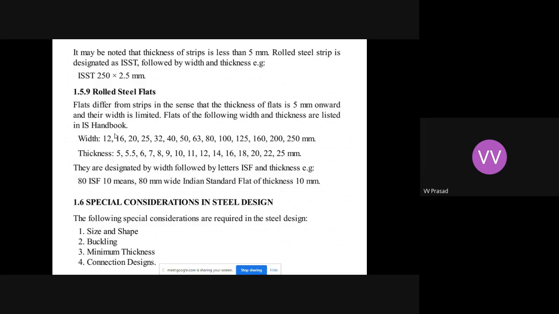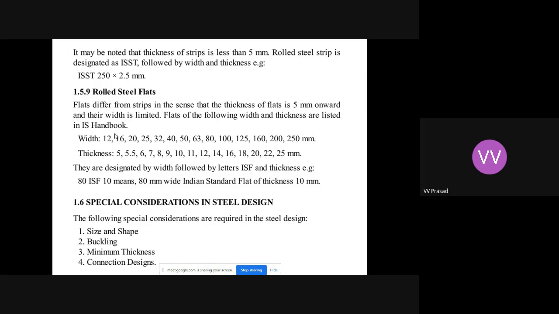The widths available in the market are 12, 16, 20, 25, 32, 40, 50, 63, 80, 100, 125, 160, 200, and 250 millimeters. Thickness is also 5, 6, 7, 5.5, 8, 9, 10, 11, 12, 14, 16, 18, 20, 22 millimeters only available.